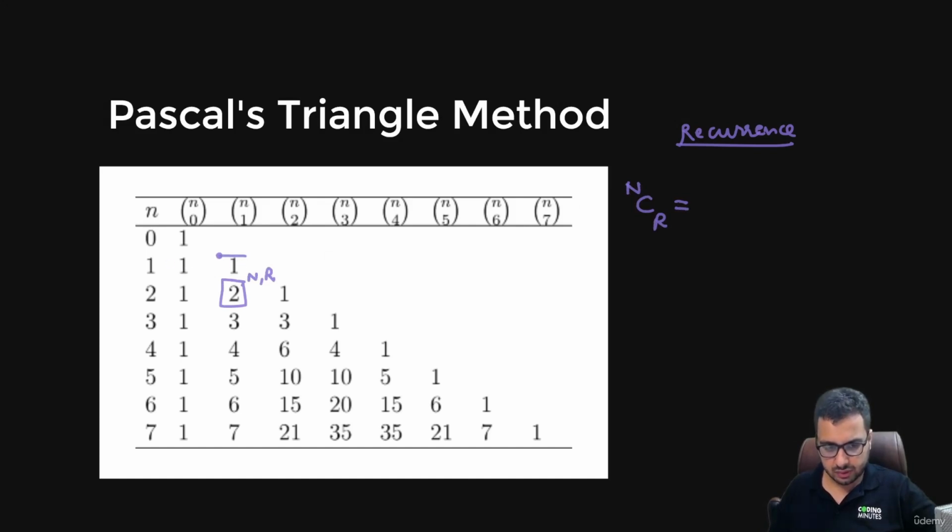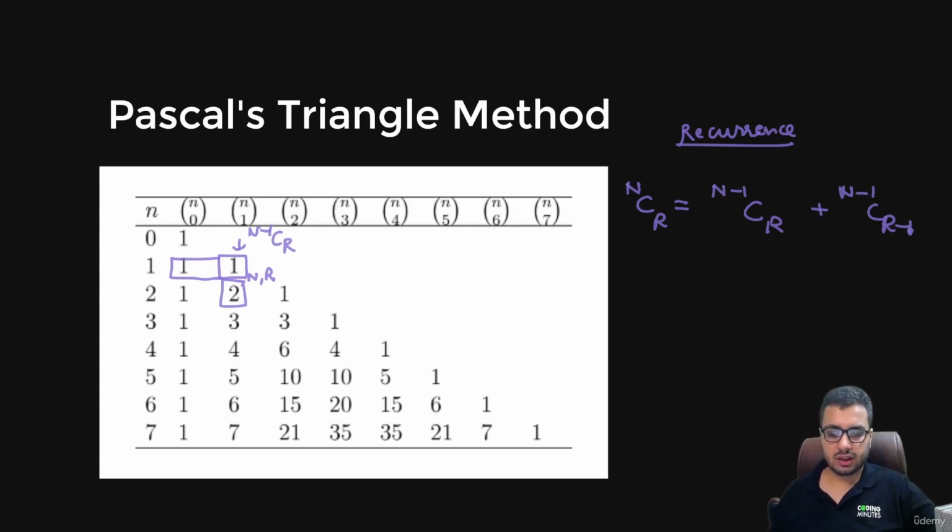It is the sum of the cell in the previous row and the same column, that is n minus 1 cr, plus the cell to the left of it, that is n minus 1 c r minus 1.